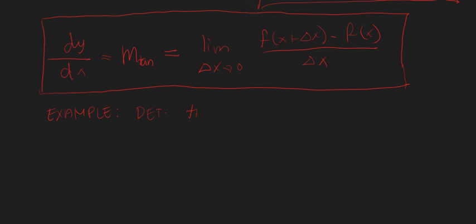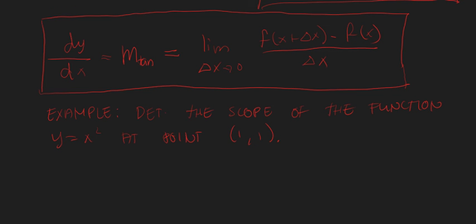Determine the slope of the function y equals x squared at point 1, 1. I want to determine the slope of y equals x squared at 1, 1.